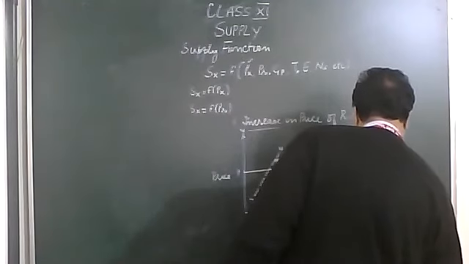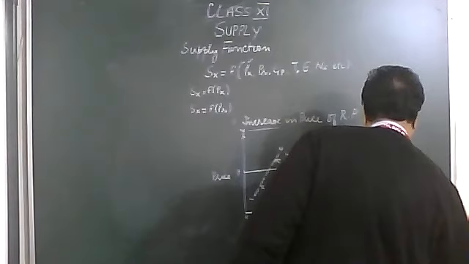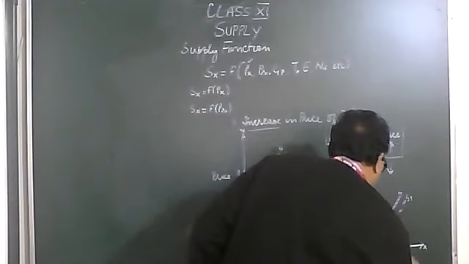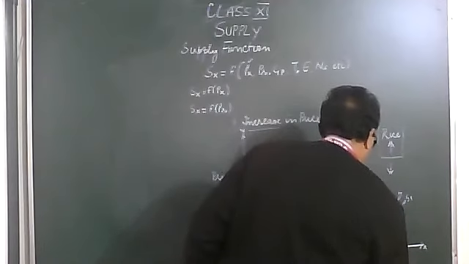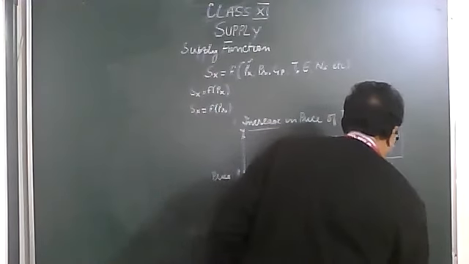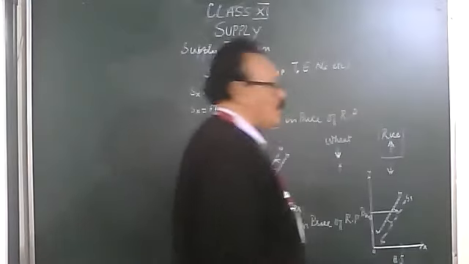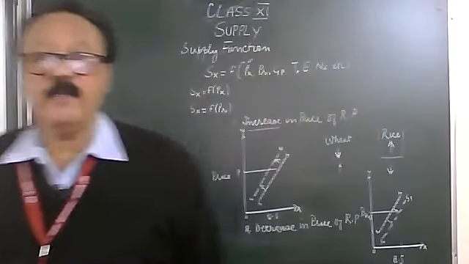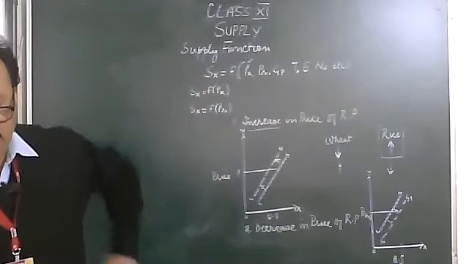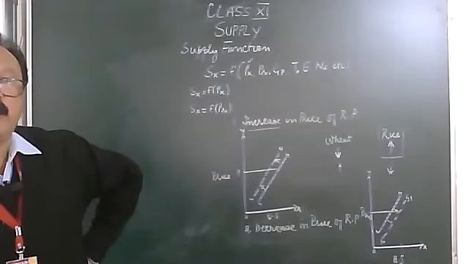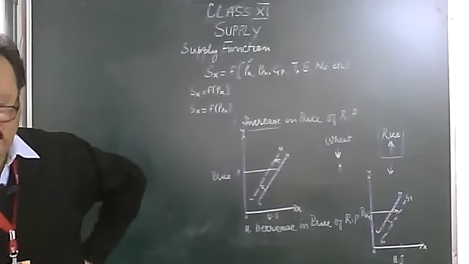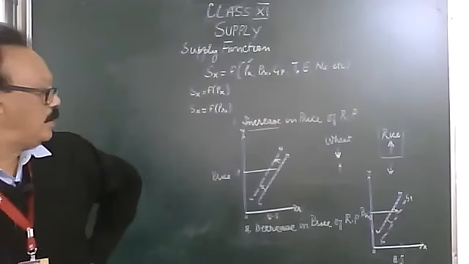It will now shift to the right. Originally, let's say the price was here. So the supply curve will shift to the right when there is a decrease in the price of the related product. When the rice price has decreased, it shifts the supply curve of wheat to the right.